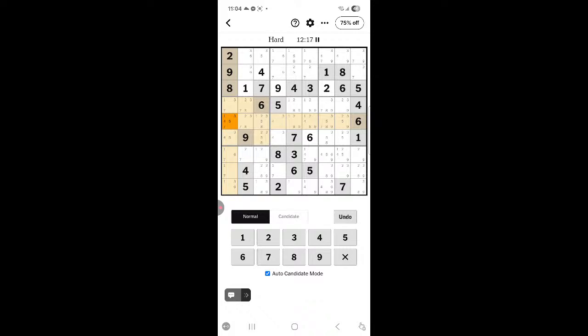So if it has to be 4, 5 in that row, then it cannot be 4, 5 anywhere else. So we remove the other candidates, and we end up with a sparse set of numbers. Nice. I like that simple thinking.